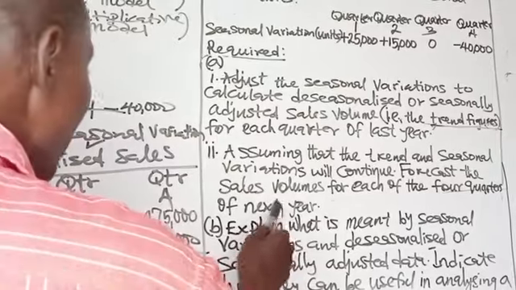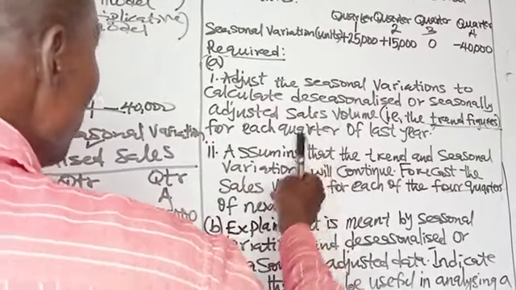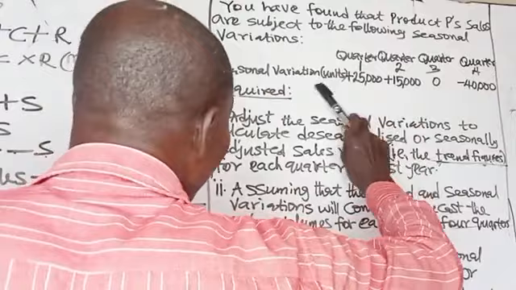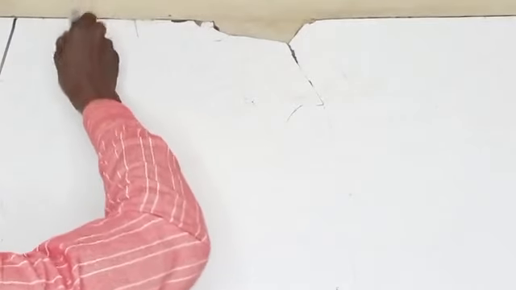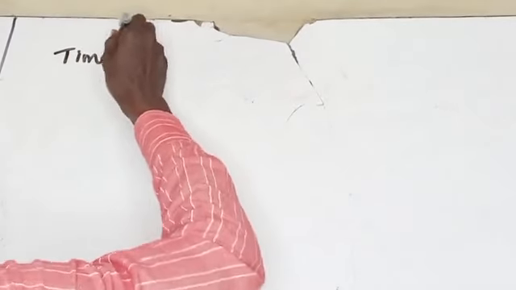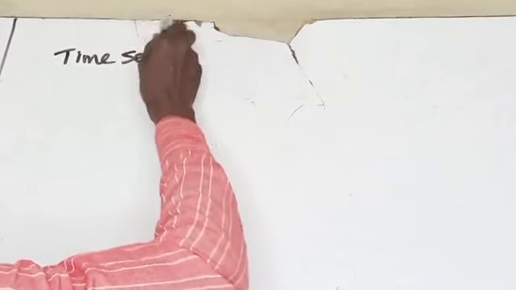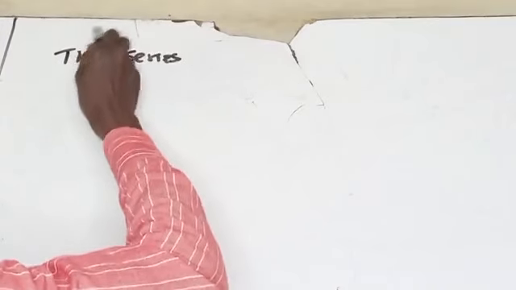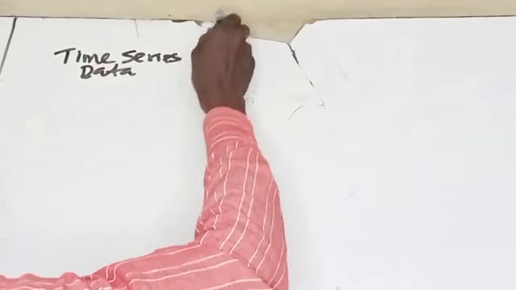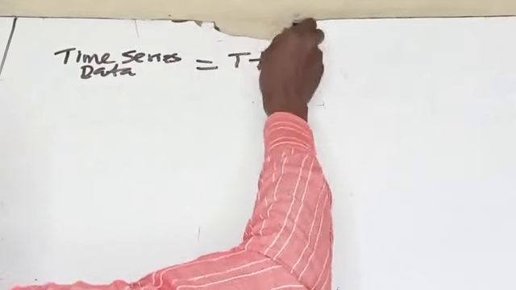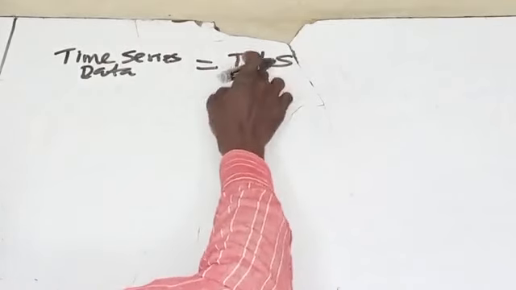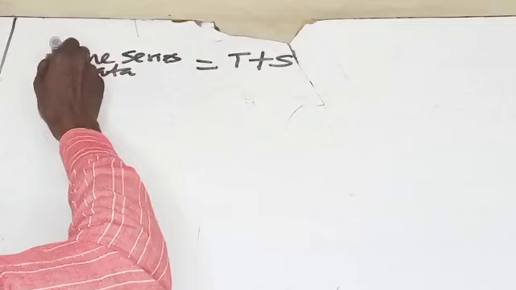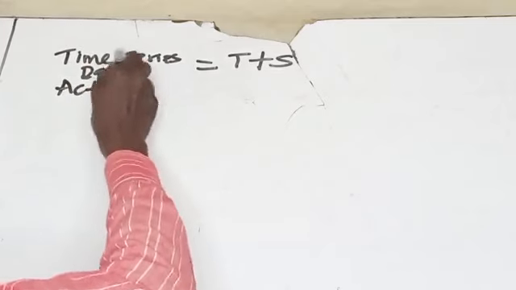You want to forecast the sales volume for each of the quarters. All you need to do is to adjust for the seasonal variation in the data. I've told you that time series data equals trend plus seasonal variation using additive model, since these two variables are the most important. So the time series data could be the actual sales you have to estimate.